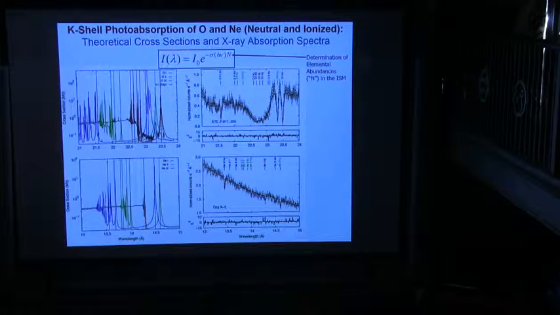And the same thing for neon. You note that the residuals are looking pretty contained there, and that's the latest status of atomic absorption in the ISM theory and spectral modeling.